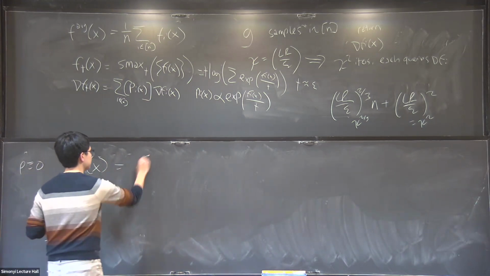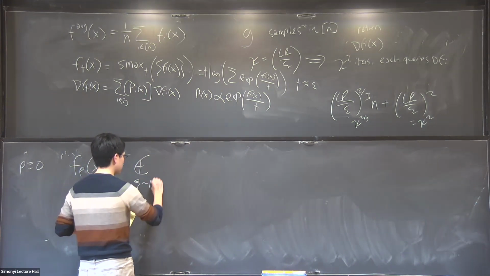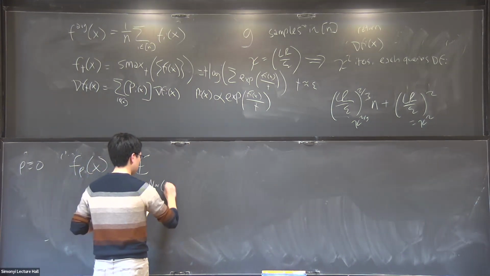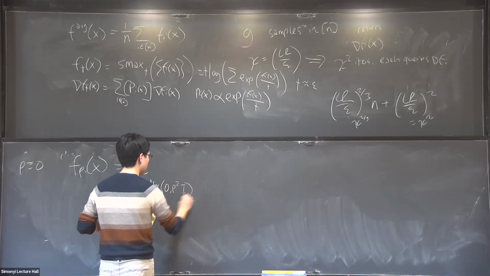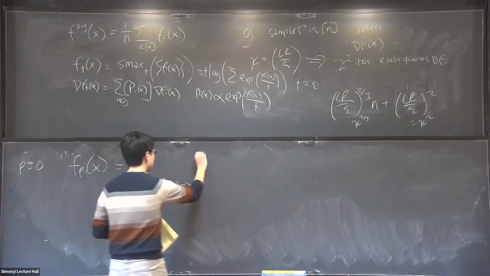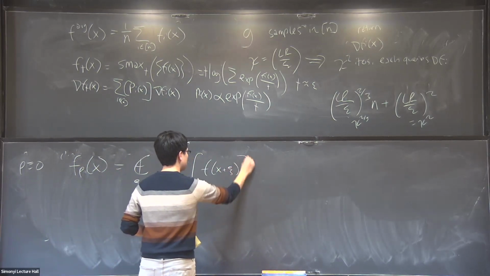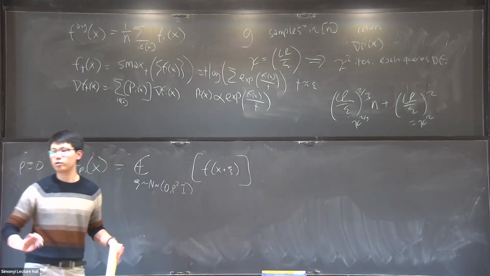In other words, it's the expectation, when you draw some Gaussian psi with covariance rho squared times the identity matrix, of f(x + psi). So you're just randomly perturbing f by a little bit.